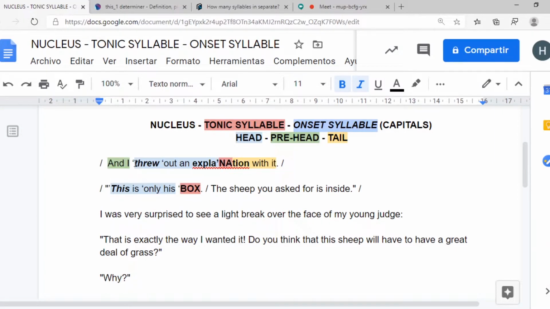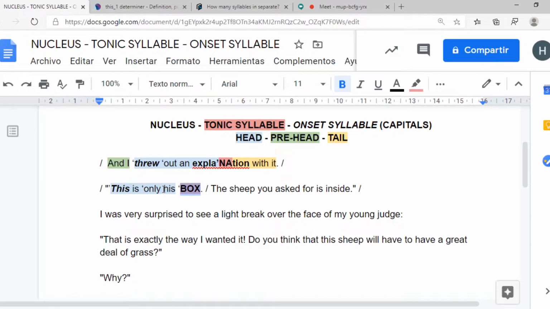So the very first stressed syllable of your utterance, if you have some other stressed syllables before the nucleus, will be your onset syllable. In this case, this is the nucleus. As this is a monosyllabic word, this will be your tonic syllable too.